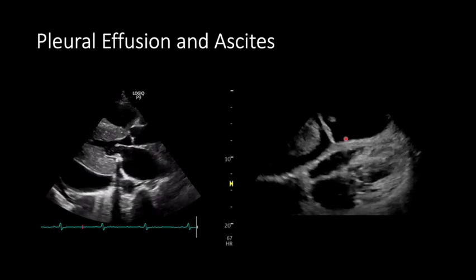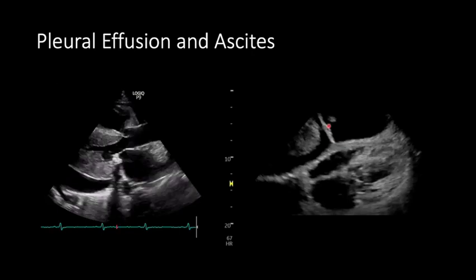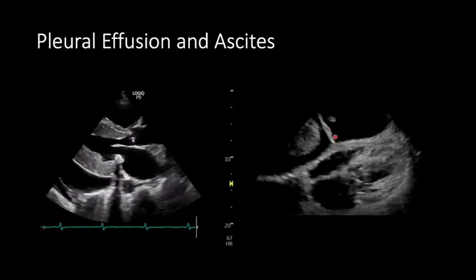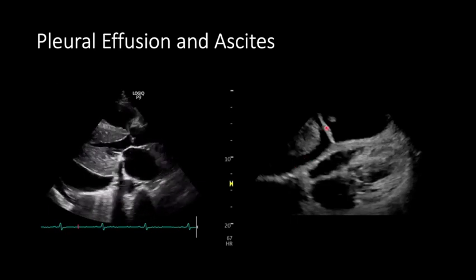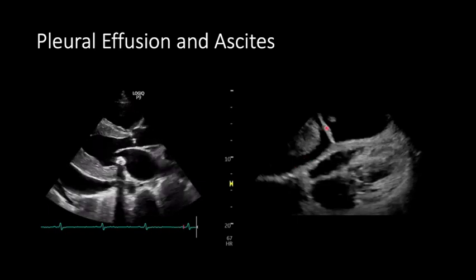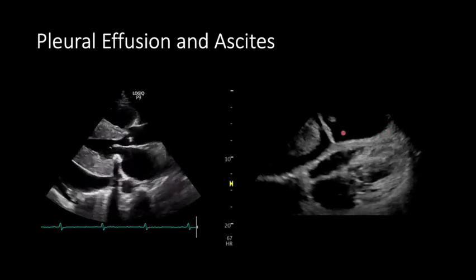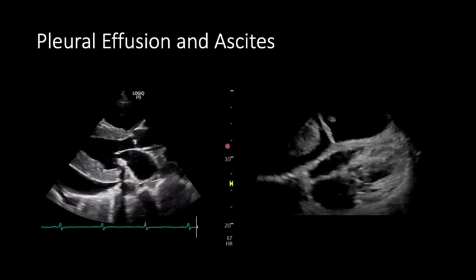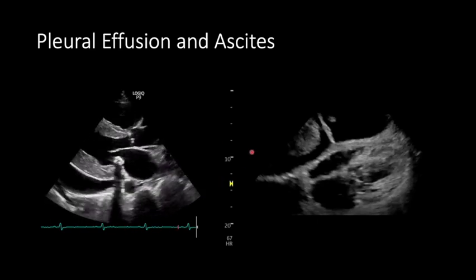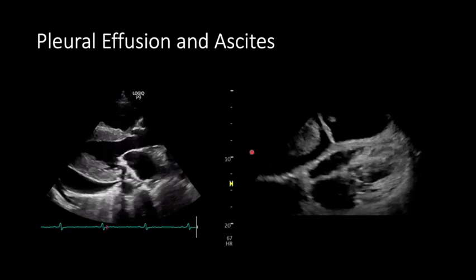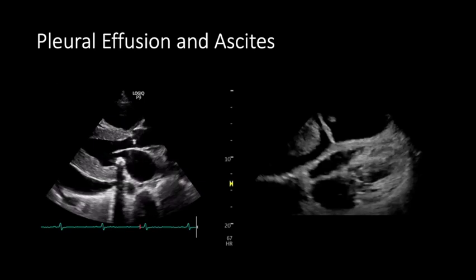And we can know that because this connection here is actually the falciform ligament of the liver connecting up to the diaphragm itself, and then this collection of free fluid is below the diaphragm or closer to the probe in a subxiphoid view. So these are things that you would probably see a positive FAST exam on and might take other windows to look at, but it is important to be able to remember your anatomy and remember the findings that are consistent with pericardial versus pleural or intra-abdominal effusions.